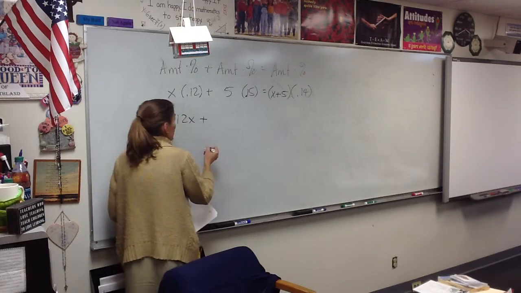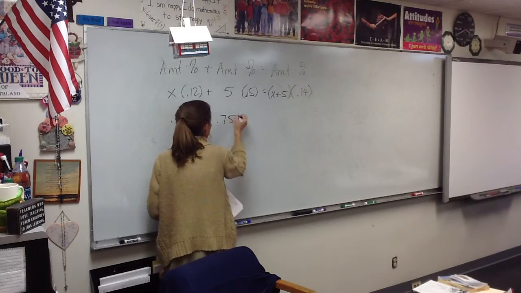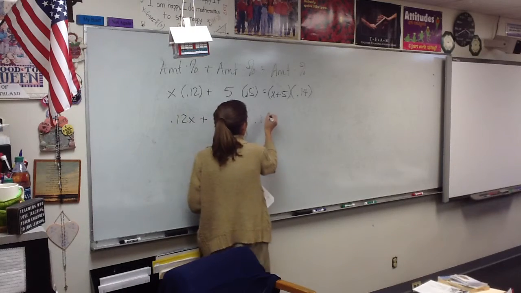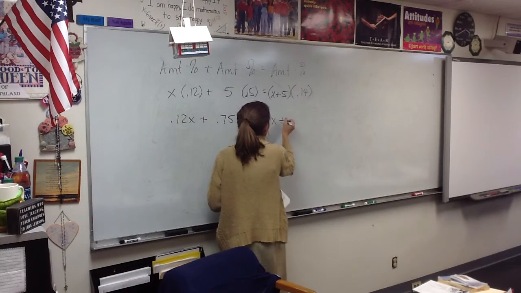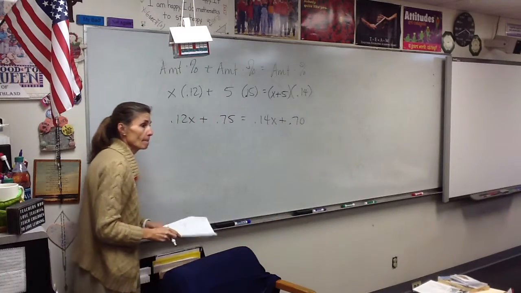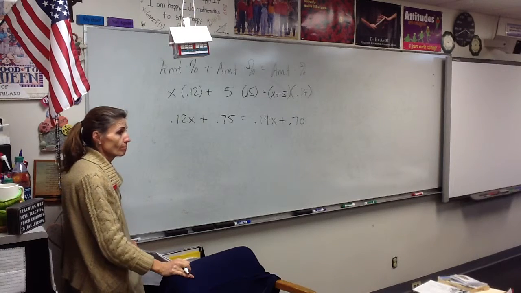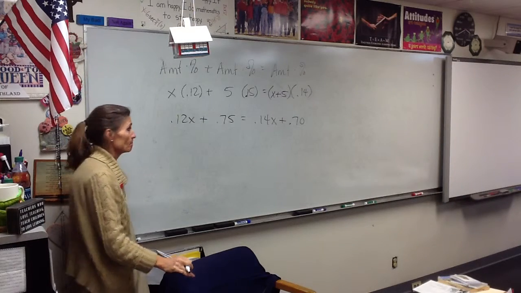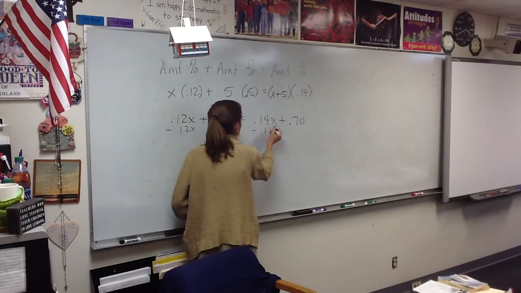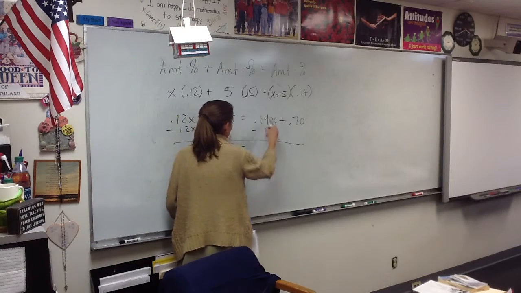0.12X plus, I'm going to multiply that, I think it's 0.75, if somebody with a calculator can help me, equals 0.14X plus 0.70. Watch your arithmetic. If you subtract 0.12x, what are we going to have here?